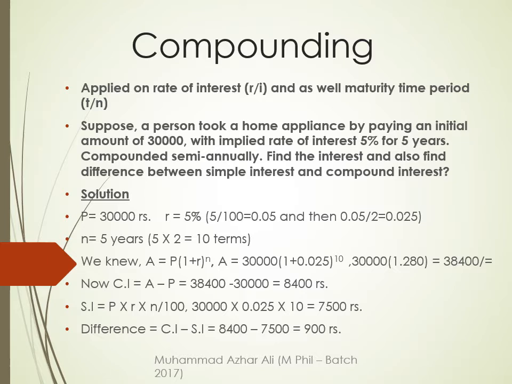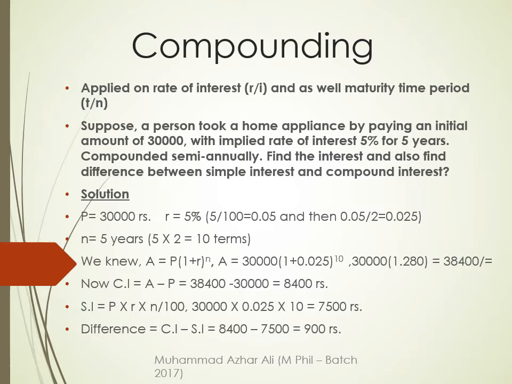Now, in order to find the compound interest, first of all we have to find the amount, the total amount after 5 years. So A is equal to P(1 plus R) to the power of n, that is 30,000 times (1 plus 0.025) to the power of 10.